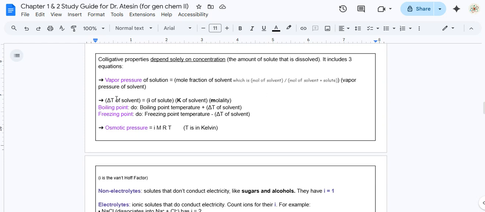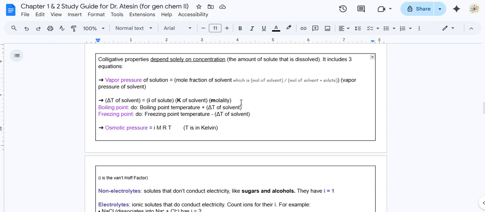The change in temperature of the solvent is equal to i, the Van't Hoff factor of the solute, times K, the molal constant, times molality. Sorry, K is not the temperature, K is the molal constant, but we'll get to that when we do a question.